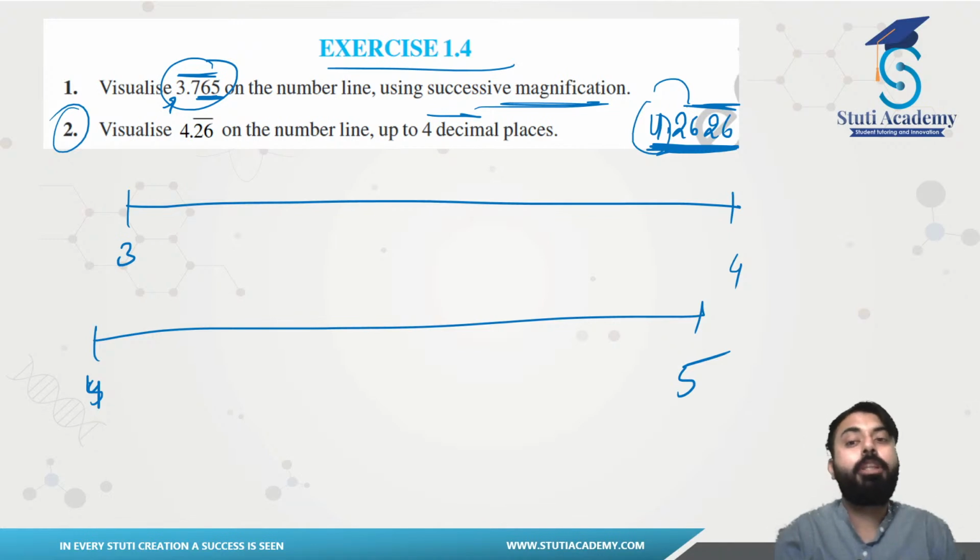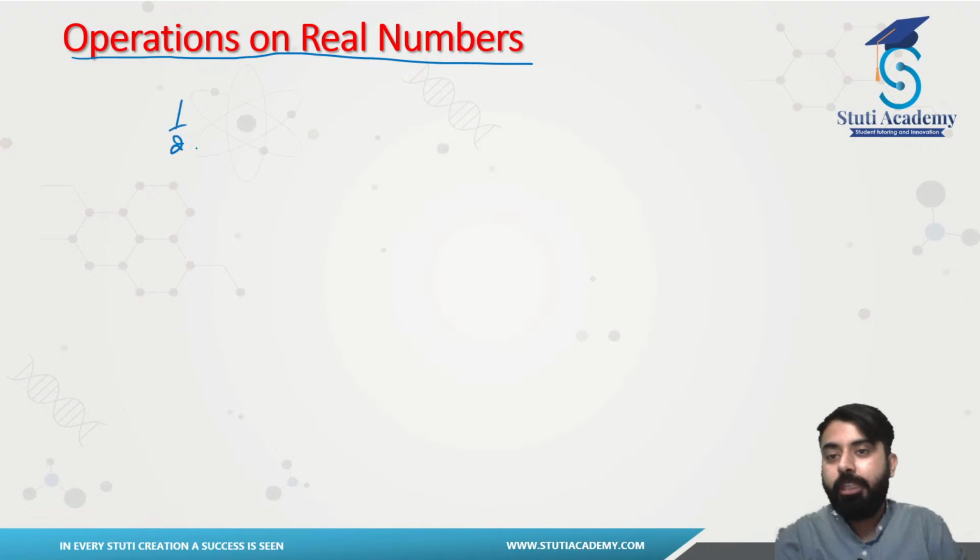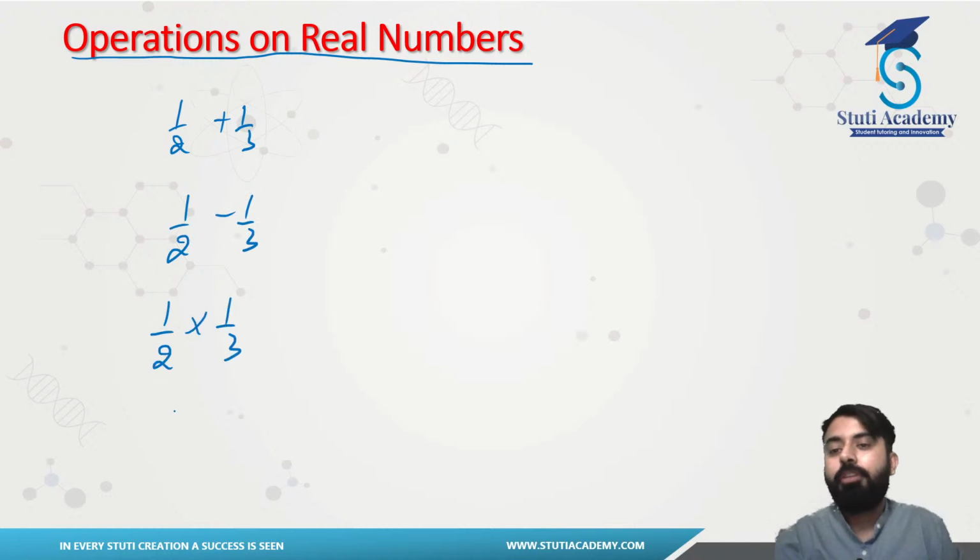Now with this, we are going to jump towards operations that we can perform on our real numbers. So you guys already remember, we can add or subtract 2 rationals, like we can add 1 by 2 and 1 by 3, we can subtract 1 by 2 and 1 by 3, we can multiply 1 by 2 and 1 by 3, and even we can divide 1 by 2 and 1 by 3, right?